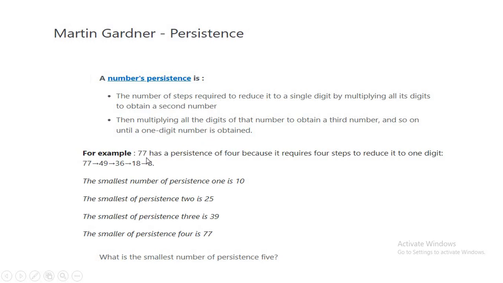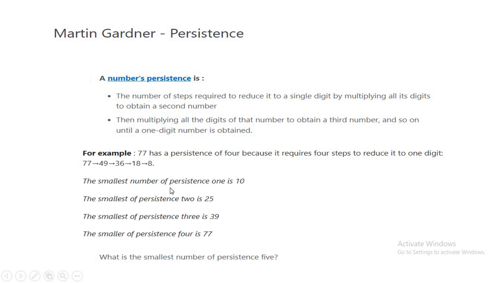For example, 77 has a persistence of 4 because it requires 4 steps to reduce it to one digit. 77, 7 times 7 is 49, 9 times 4 is 36, 6 times 3 is 18, 8 times 1 is 8. This is a single digit, so it is multiplied 4 times: 1, 2, 3, 4. That's why it has a persistence of 4.